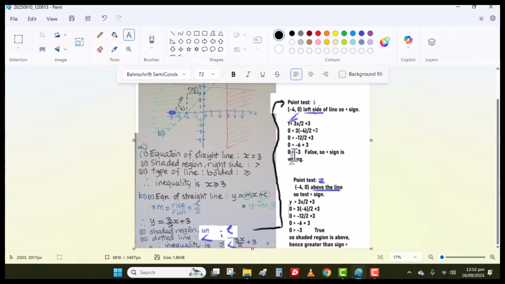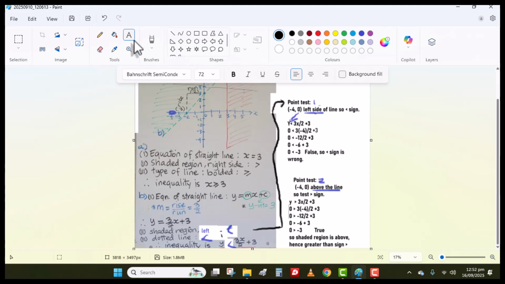And the statement says 0 is less than negative 3. This statement is not true. Negative 3 is less than 0.